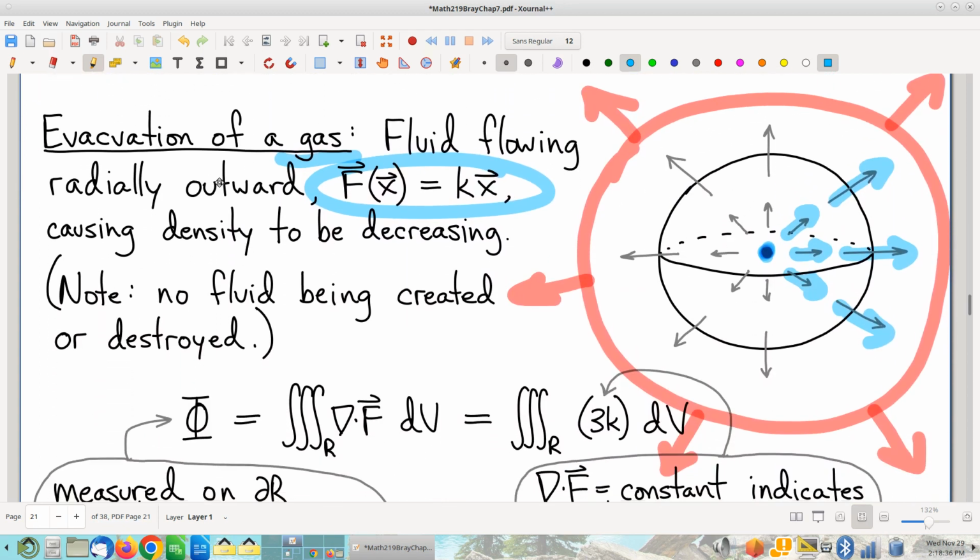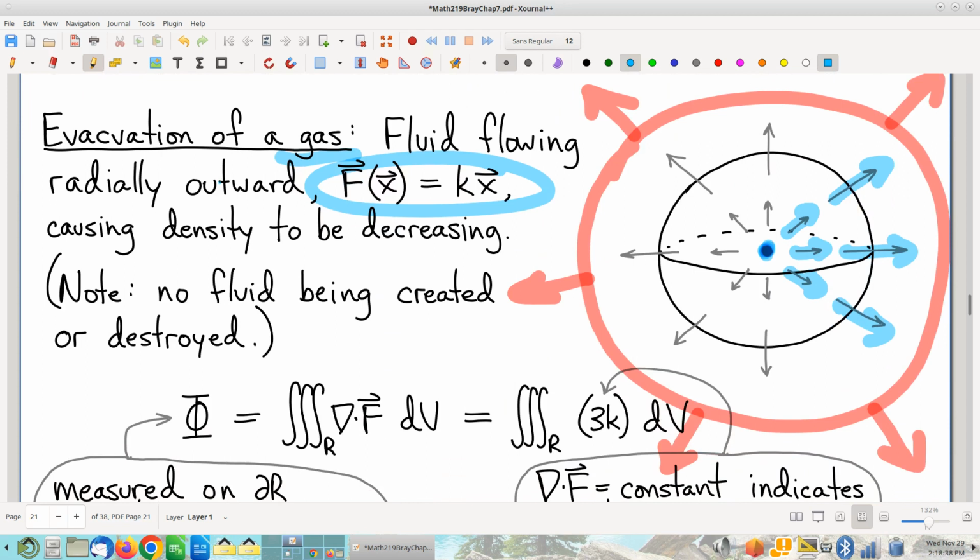It's the exact opposite with this fluid. With this fluid, we've got a certain amount of air inside of our big red balloon, and that's the fluid. We're not making air. And we're not generating any new air. It's the same amount of air throughout the whole process here.